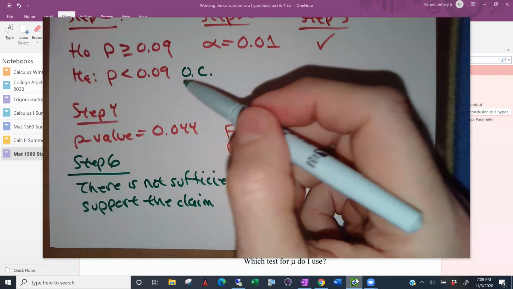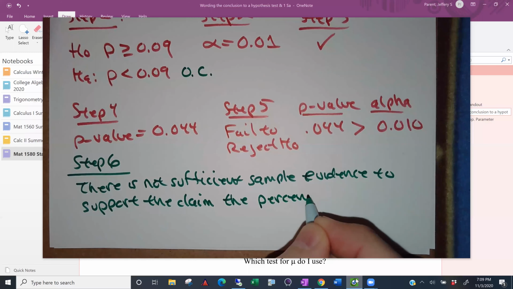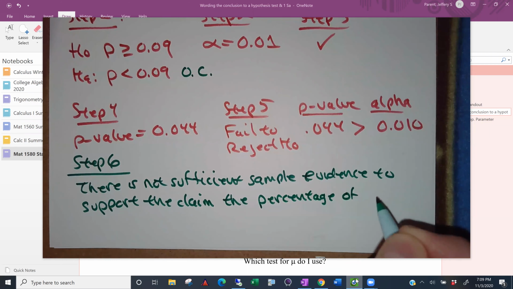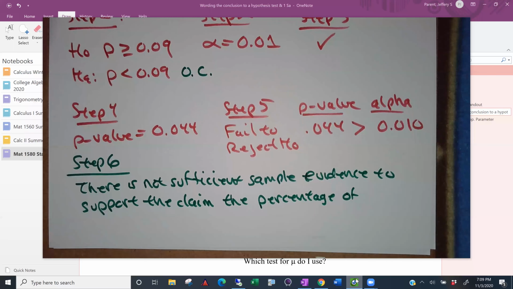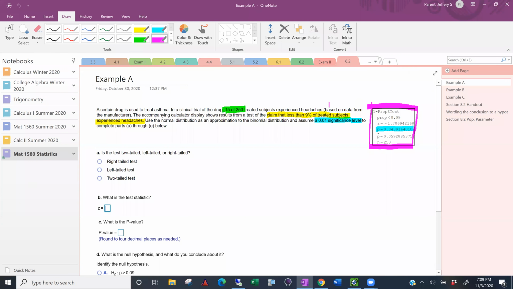And now we've got to state the alternative hypothesis or the original claim in words. There's not enough sample evidence to support the claim that the percentage of, I've got to think back as to what the question was actually asking, because I want to use words relevant to the question. And that'd be back up here. Percentage of subjects treated for asthma experience headaches.